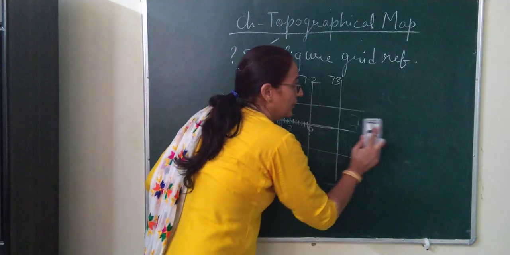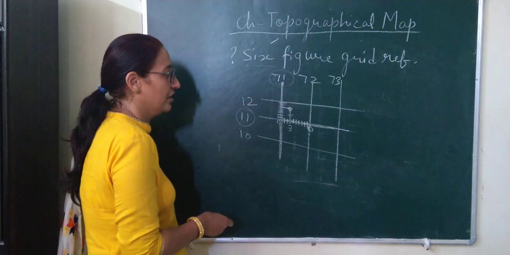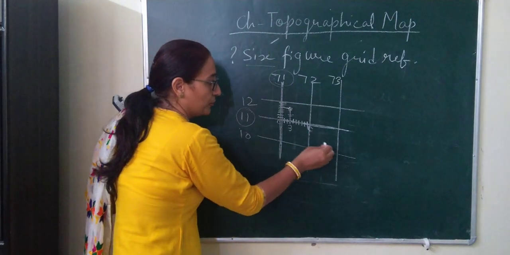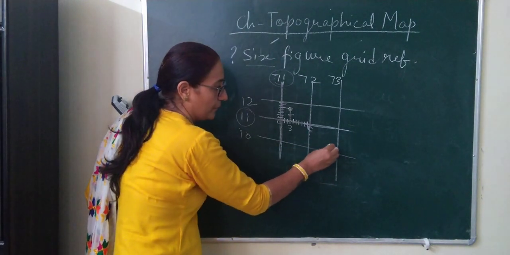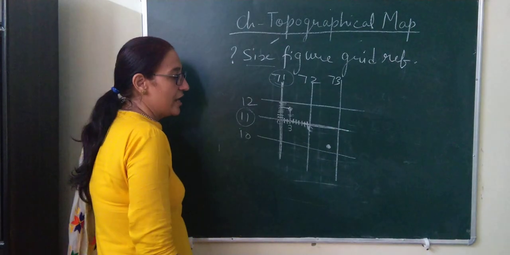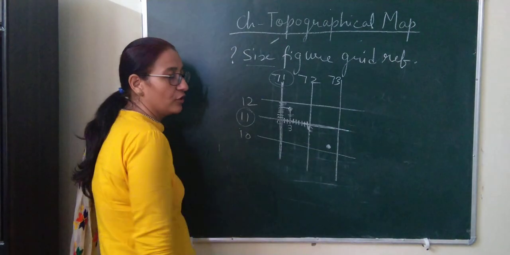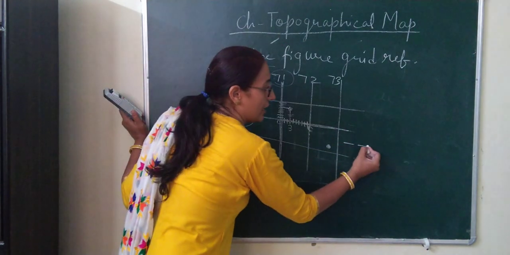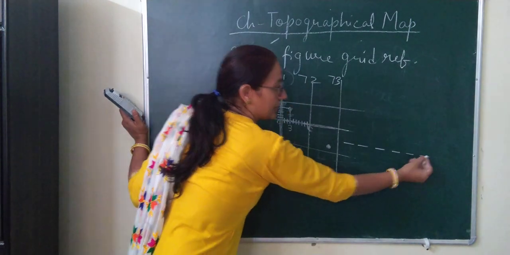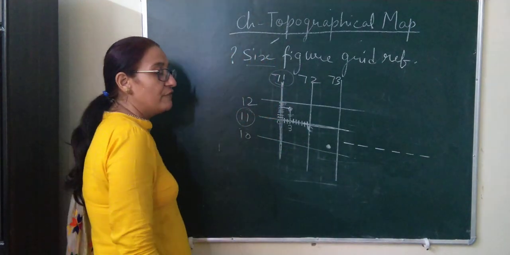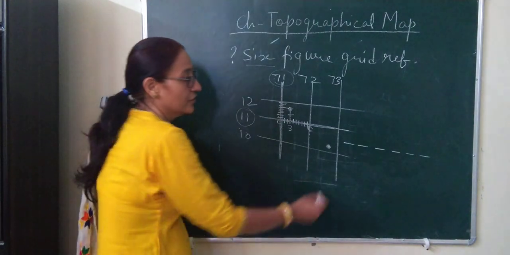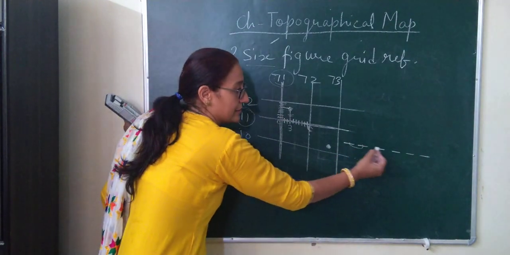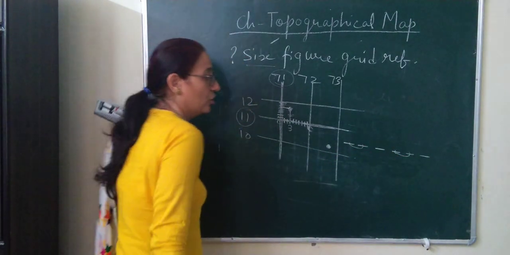One more example to find out 6-figure grid reference. So suppose this symbol is given here, a well, we have to find out the 6-figure grid reference of this well. Now we have to fill these 6 gaps. Again we have to fill the first 2 eastings and 4th and 5th northing.